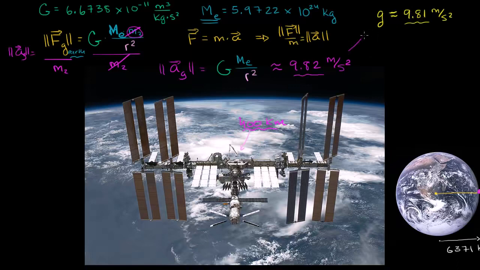And the discrepancy between these two numbers is really because Earth is not a uniform sphere of uniform density. That's what we had to assume when we used the universal law of gravitation. It's actually a little bit flatter than a perfect sphere, and it definitely does not have uniform density. The different layers of the Earth have different densities.